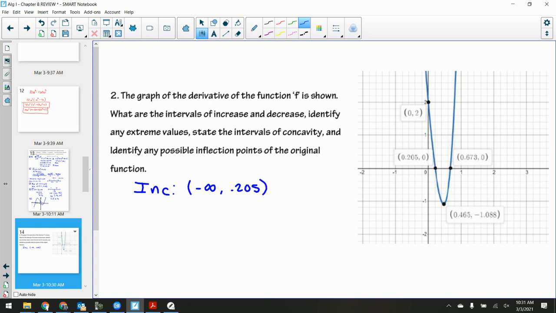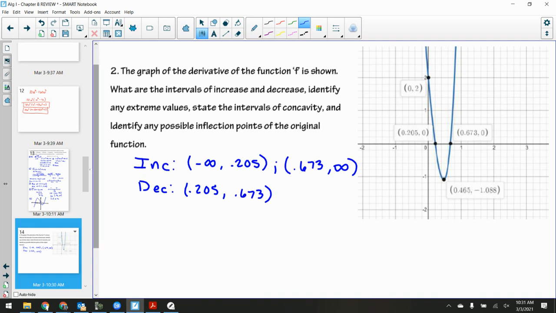And then from 0.673 onward. It's decreasing at all points below the x-axis. So from 0.205 to 0.673. Now it asks for the extreme values.